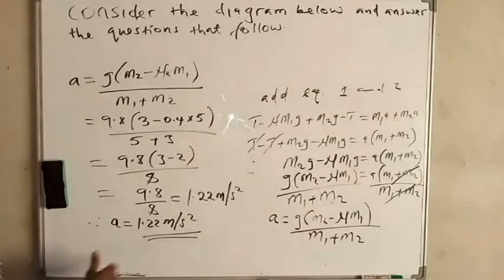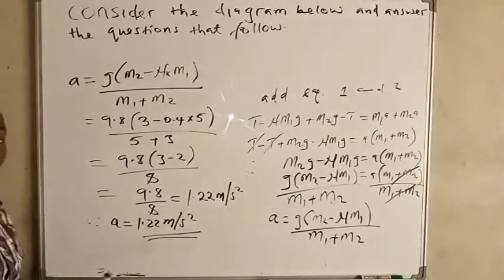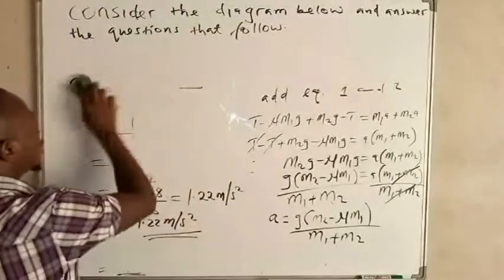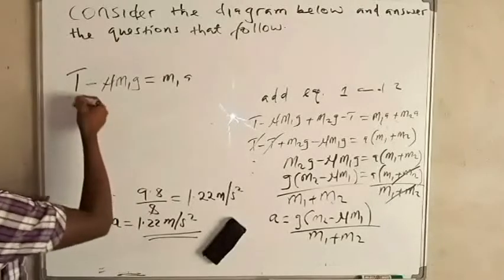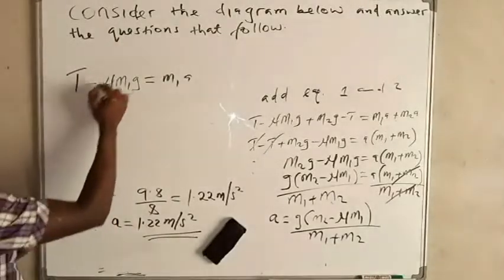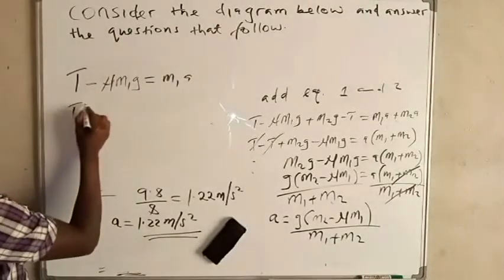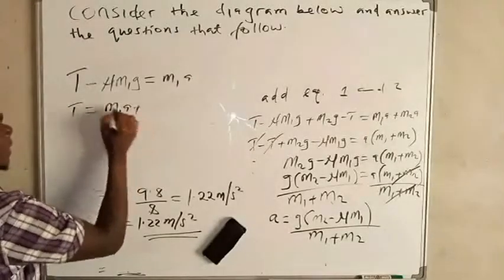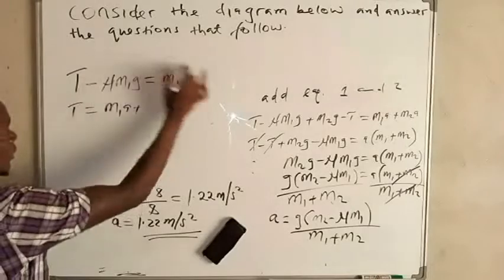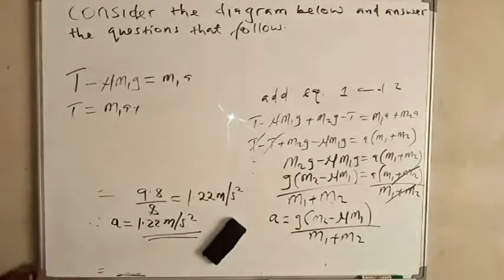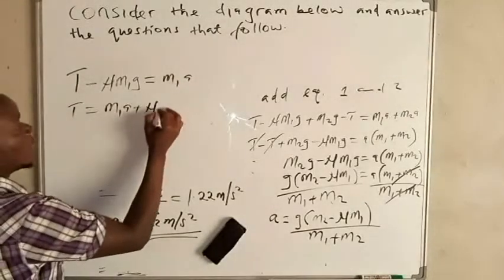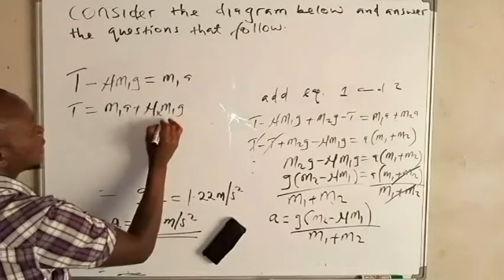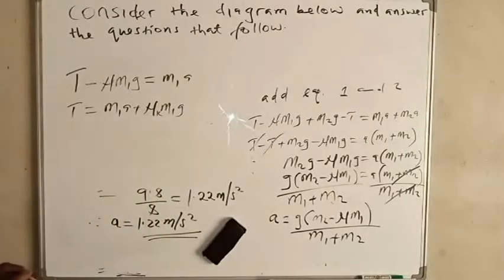Now, using one of the equations that we derived, we can find the tension. If we make T the subject, this one is going to cross the equal sign. We're going to have T equals m1 a plus, since it is negative here, when it crosses the equal sign it is going to be positive, mu k m1 g, the coefficient of kinetic friction.